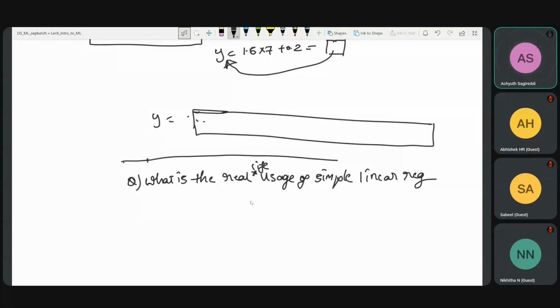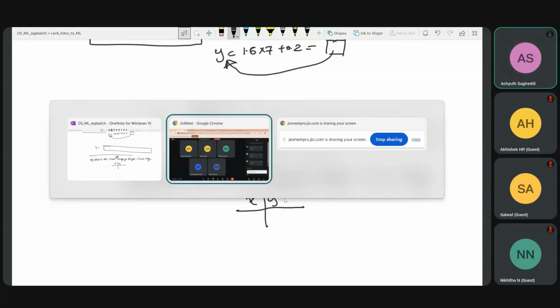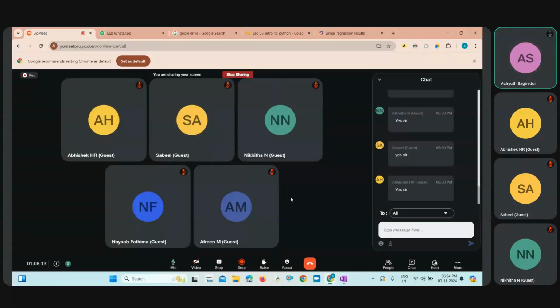Only by using two variables, one x and one y, what is the use of simple linear regression in real life? Tell me. Anyone? What is the real life usage of simple linear regression? Any guesses?